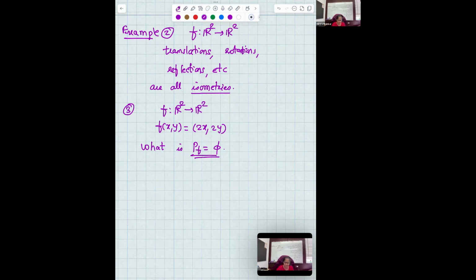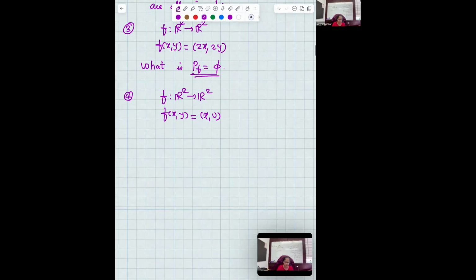So you can play around with these functions from R2 to R2. They either preserve everything or they preserve nothing, right? There are other functions you can play with, like projections. If you take projections, then they preserve nothing. So for example, take the projection on the first coordinate.